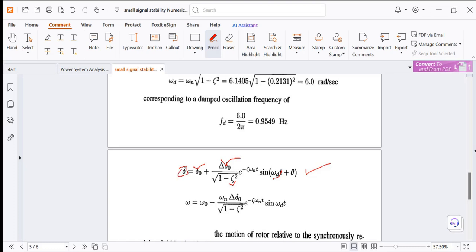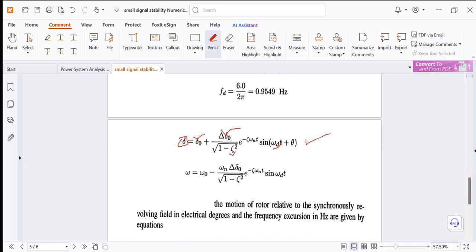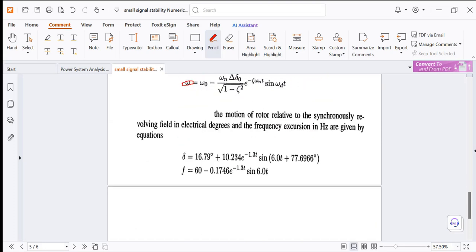Secondly, we need the frequency of the generator. Omega is basically the angular speed or angular frequency. From here we can have the value of omega, or if we want to write it in the form of f, we take 2 pi common, and this equation automatically converts into f, just like here.